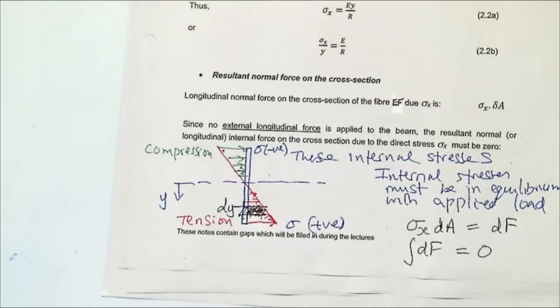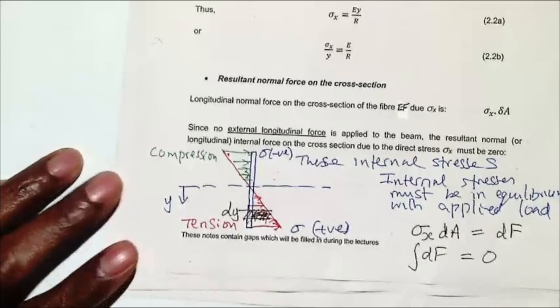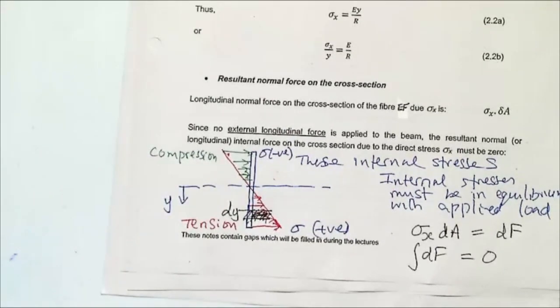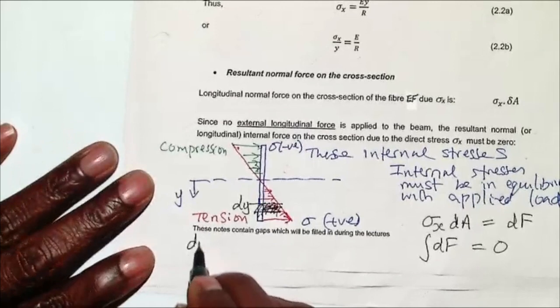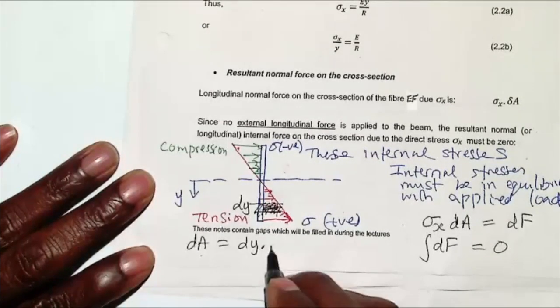Do we agree? Yep. But my dA is the area of that small material there, and that small area, we can show that it is dy multiplied by the cross-sectional area.